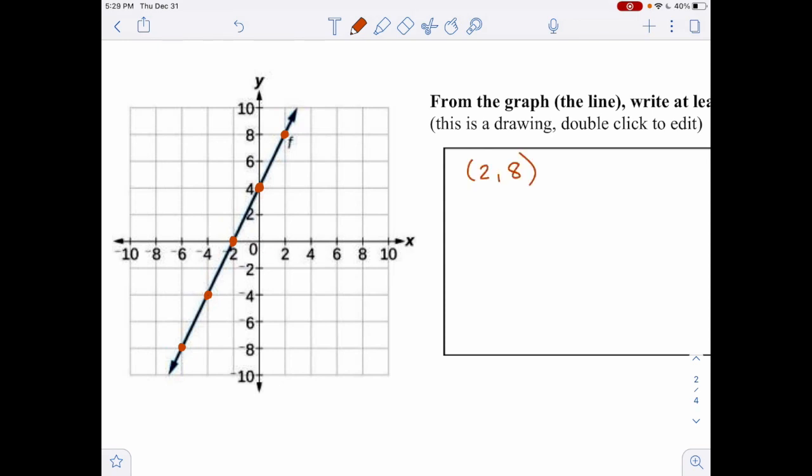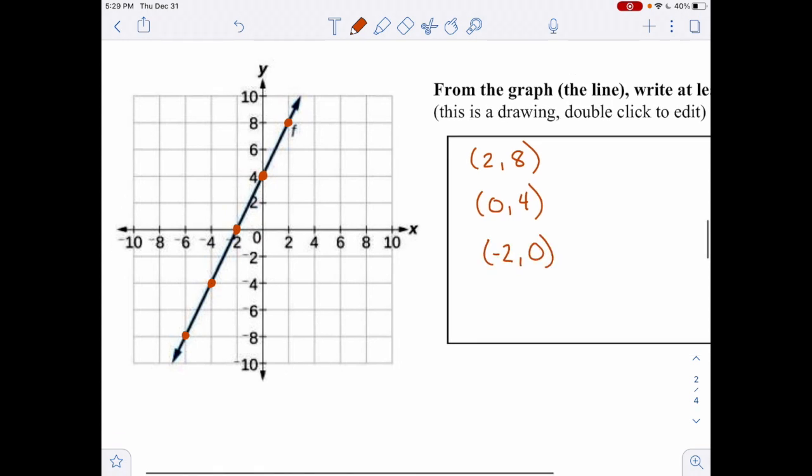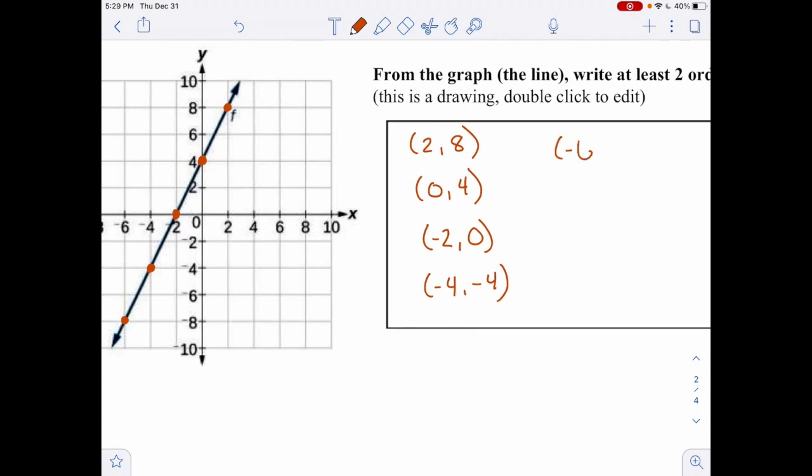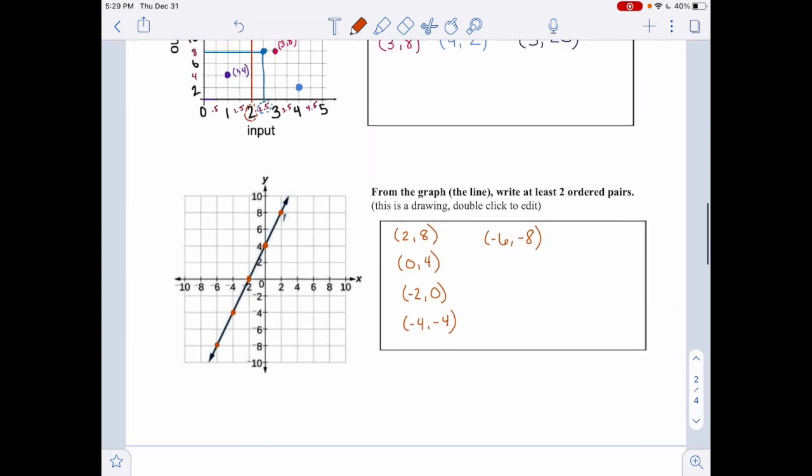Then I go over nothing and up to 4, so 0, 4. Then I go left 2, that's -2, but I went up nothing, so -2, 0. Then -4, -4. And last but not least, down here, -6, -8. So any 2 of these, if you wrote, good for you, they are all possible.